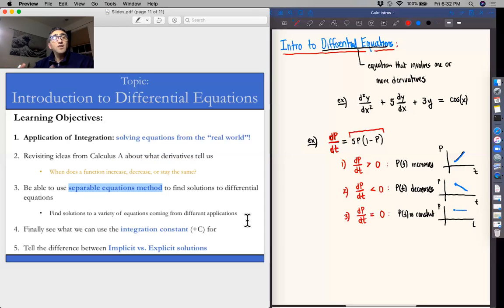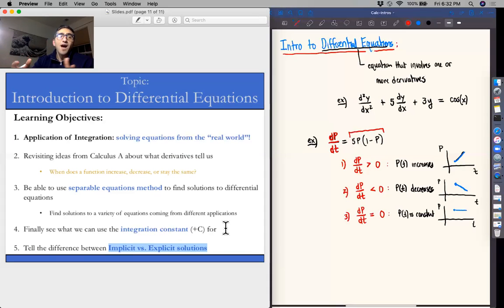Basically, this is going to involve integration, as this is an application of integration. Some of the other ideas we'll see in this segment of the course are that we'll finally see what that integration constant, the plus c term, can be used for, as well as start to tell the difference between different types of solutions to differential equations, called implicit or explicit solutions.